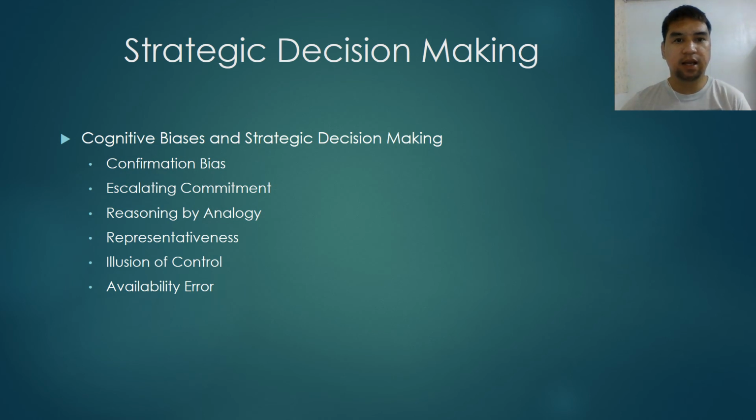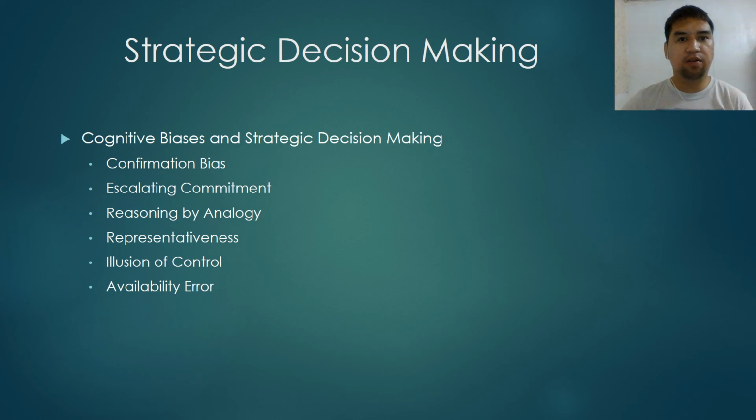Confirmation bias. Decision makers who have strong prior beliefs tend to make decisions on the basis of these beliefs, even when presented with evidence that their beliefs are incorrect. Escalating commitment. Decision makers having already committed significant resources to a project commit even more resources even if they receive feedback that the project is failing.